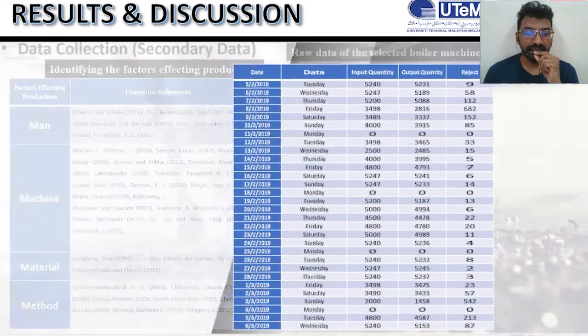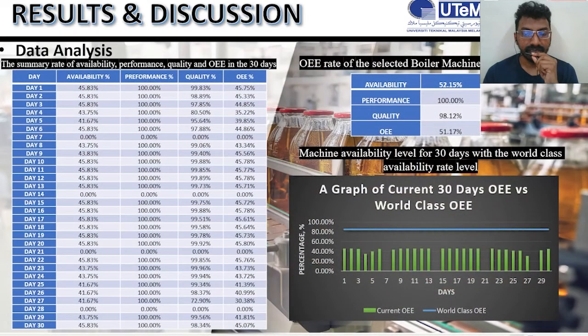These data are calculated using the OEE formula to determine the availability, performance, and quality of equipment. Then finally, we know the OEE rate for 30 individual days.